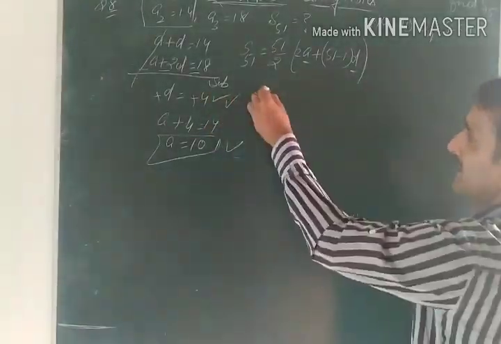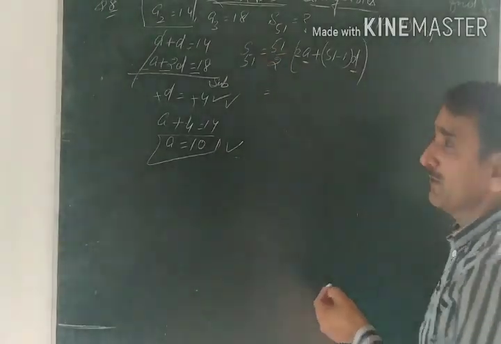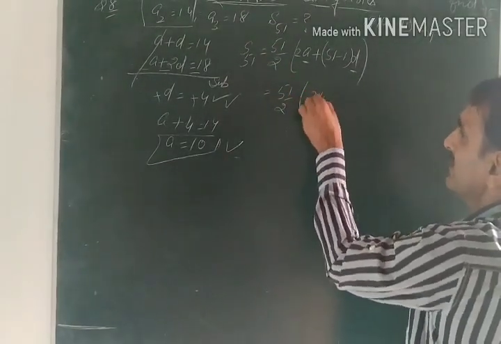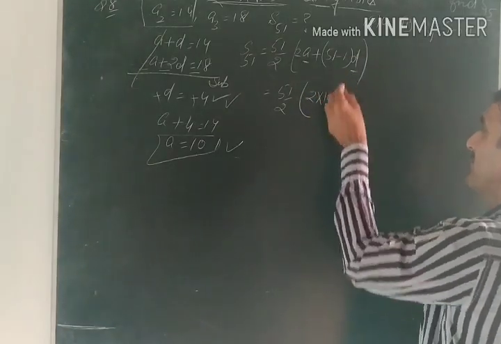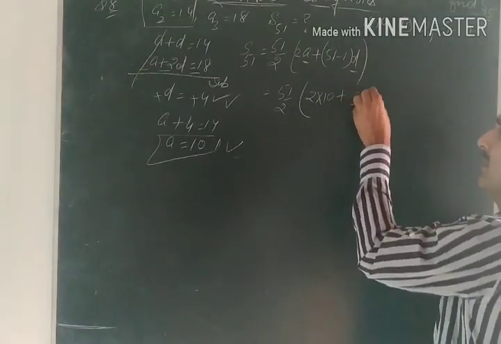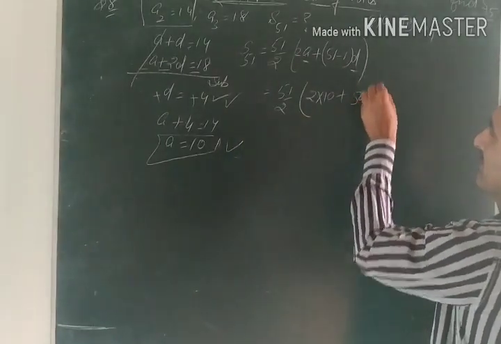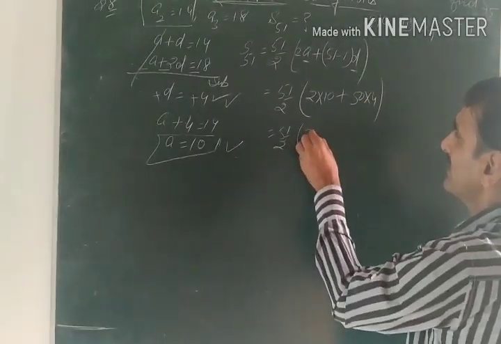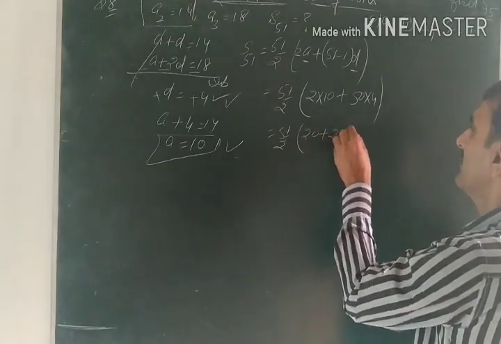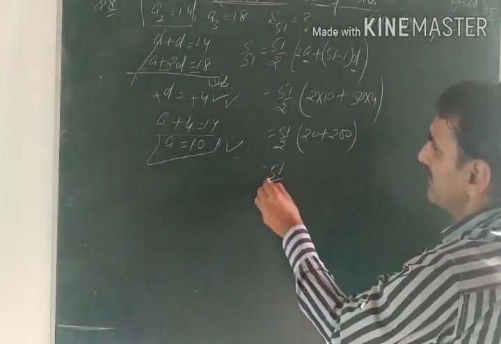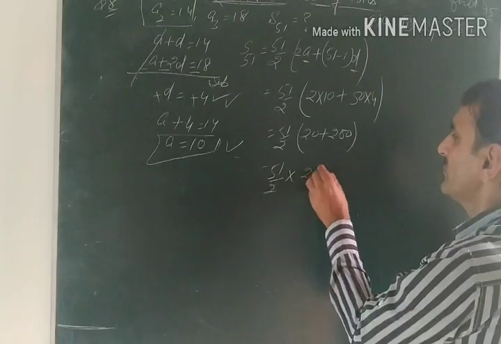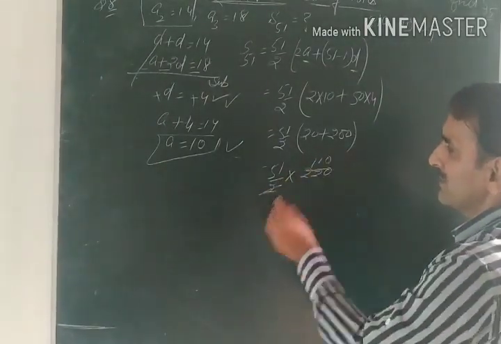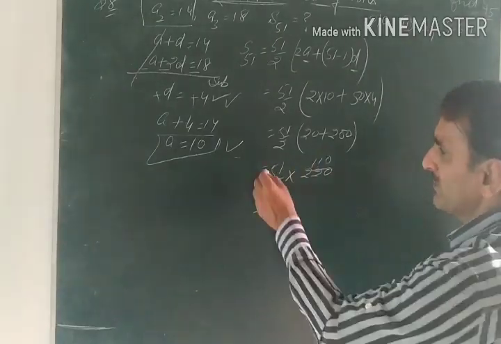Apply these two values in the formula and find the sum of 51 terms: 51/2 × (2 × 10 + (51 − 1) × 4). d is given as 4. So 51/2 × (20 + 200), and we get 51/2 × 220, which is 110. After multiplying these numbers, what do we get?